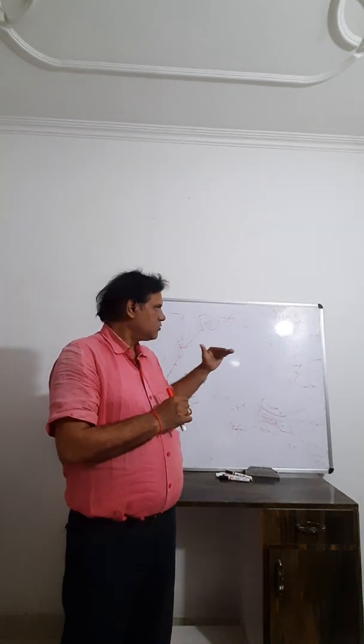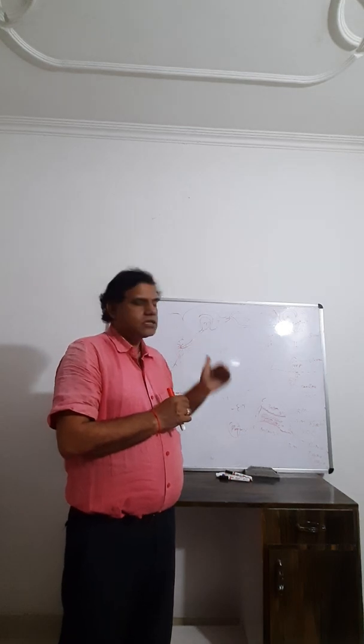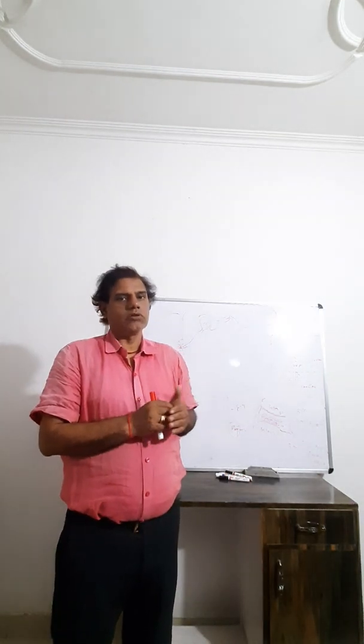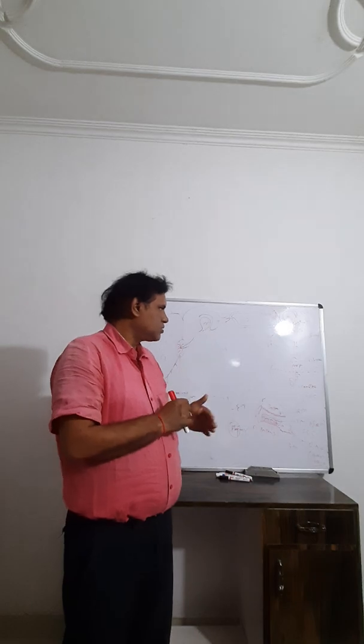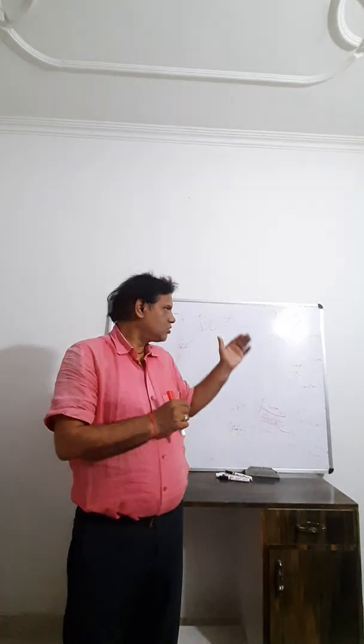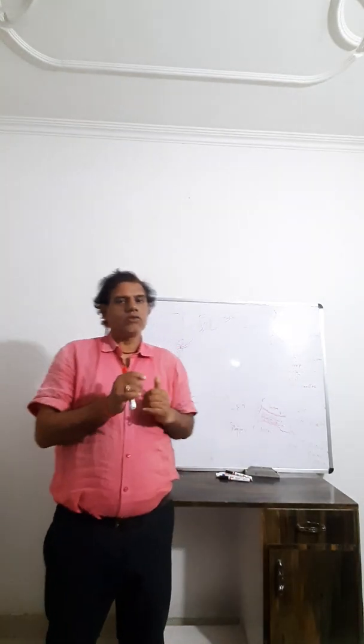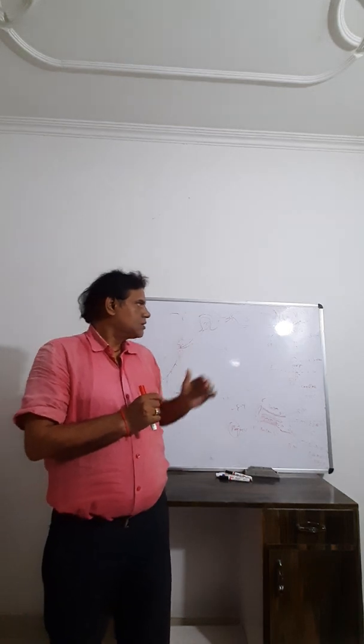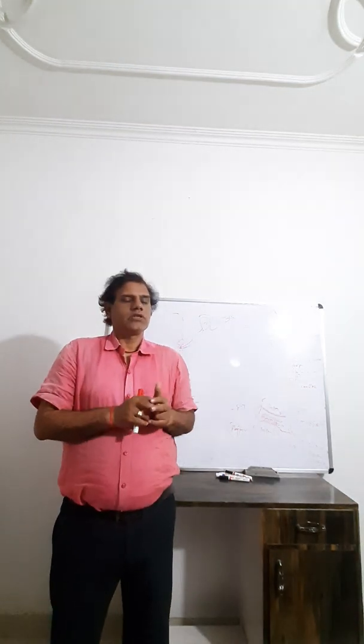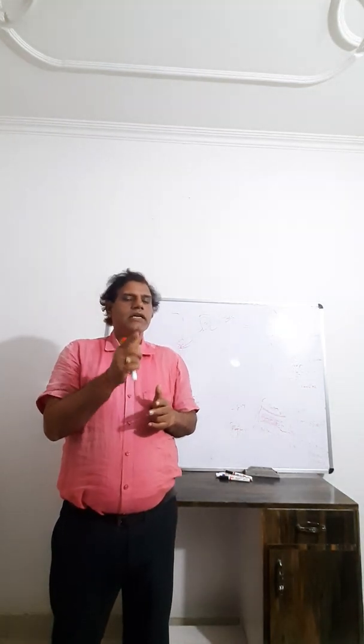The sacculus and utriculus consist of a sensory ridge, a sensory spot, and this sensory spot is called the macula. There are 3 semicircular canals, and all are at right angles to each other.